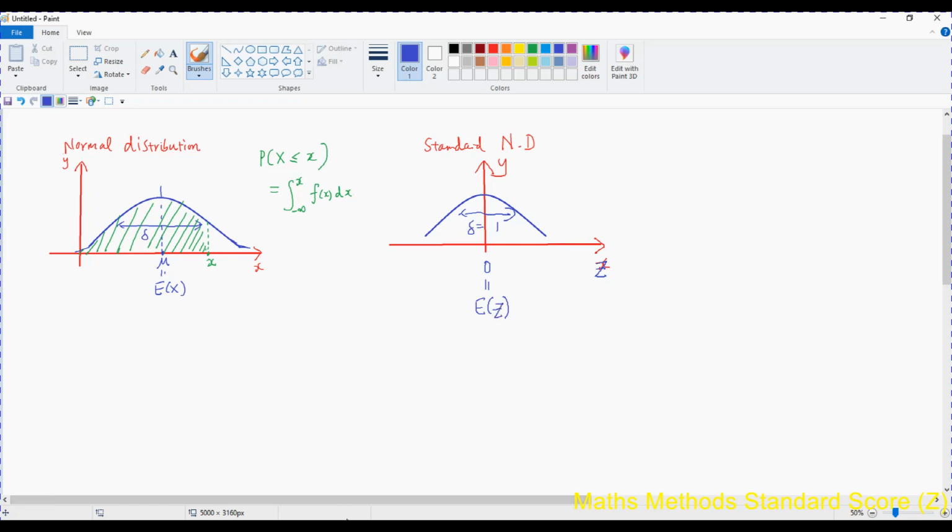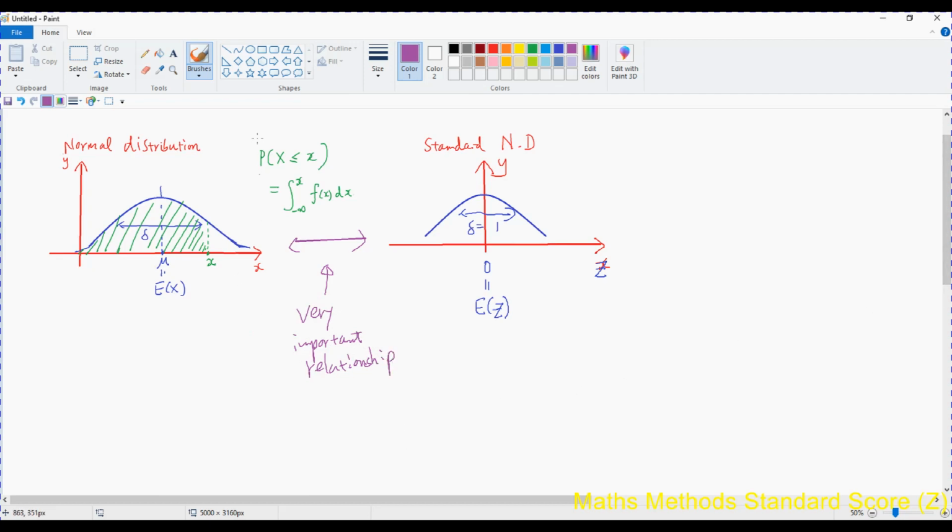Right? And what's the relationship between these two distributions? Okay, so this is very important. That's a very important relationship between the two distributions.